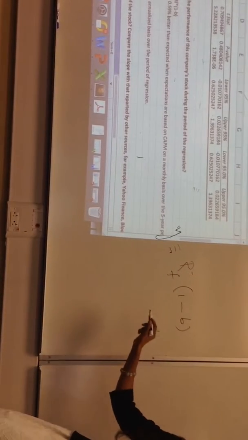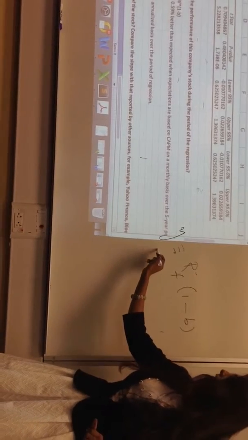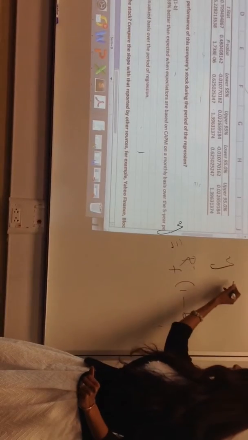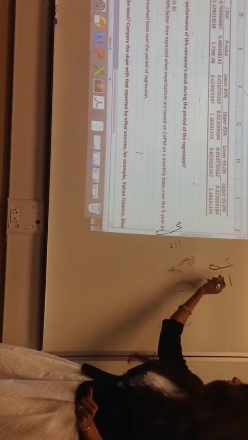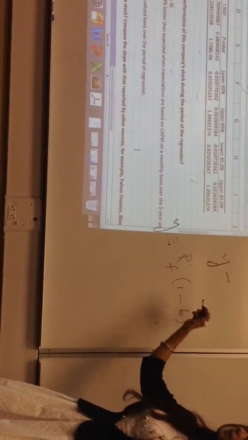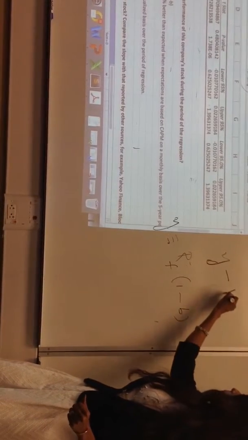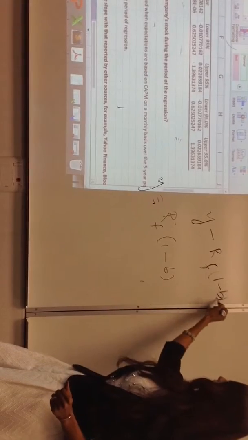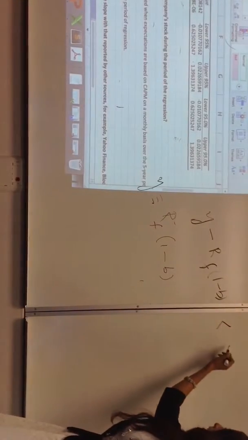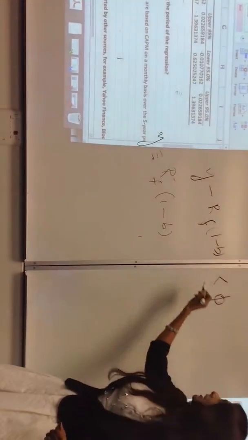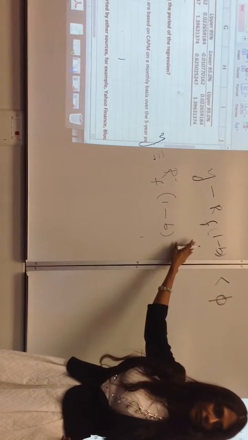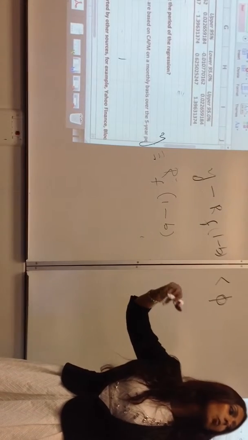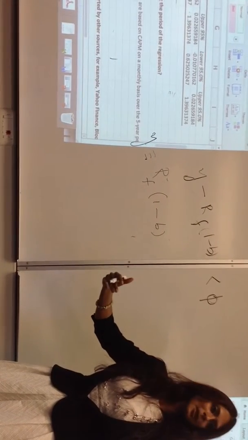And the way the interpretation is done is, if y minus the risk-free rate multiplied by 1 minus beta is less than 0, that means if it is negative, the stock performed worse than CAPM expectation.